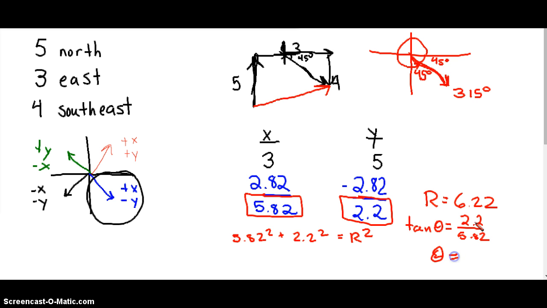And if I inverse tangent that fraction, I should get 20.7 degrees. Remember, this 20.7 is being measured from this horizontal right here. So it's 20.7 degrees. The resultant vector is 6.22 paces.